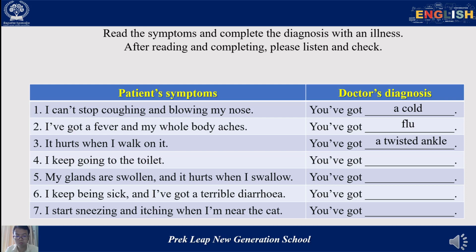I keep going to the toilet. You've got diarrhea. My glands are swollen and it hurts when I swallow. You've got a sore throat. I keep being sick and I've got terrible diarrhea. You've got food poisoning. I start sneezing and itching when I'm near a cat. You've got an allergy.